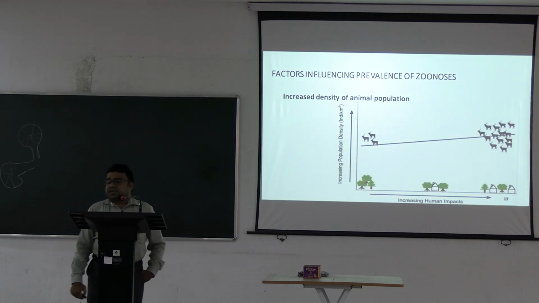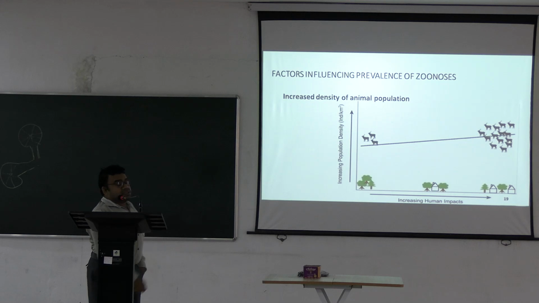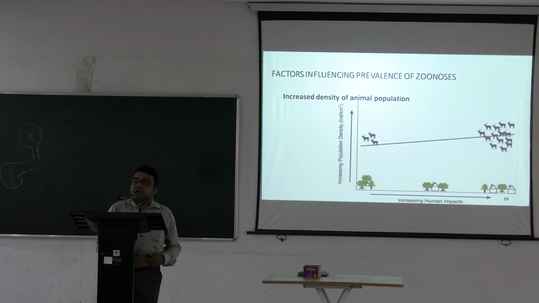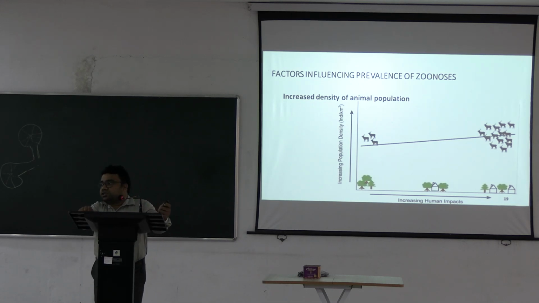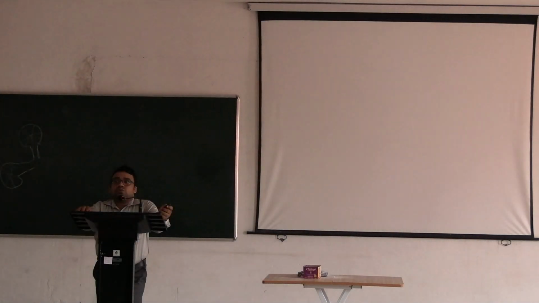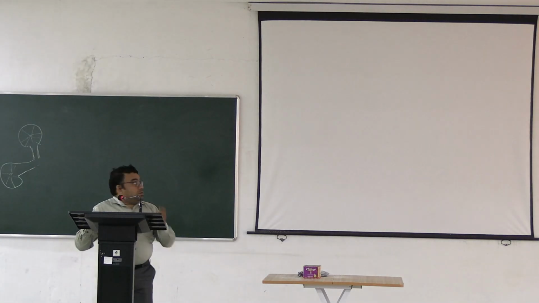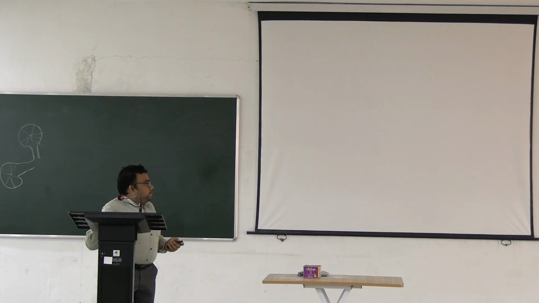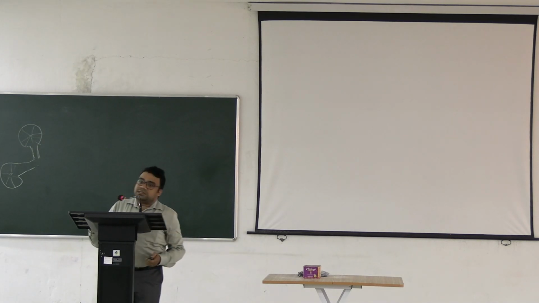And another important aspect is the changes in the density of the animal population. Now, this is predominantly due to the deforestation. As more and more trees have been cut, the sizes of the jungles and forests have reduced. Hence, a lot more animals are now concentrated in some particular areas. This results in transmission of many diseases which were restricted to some or single species.